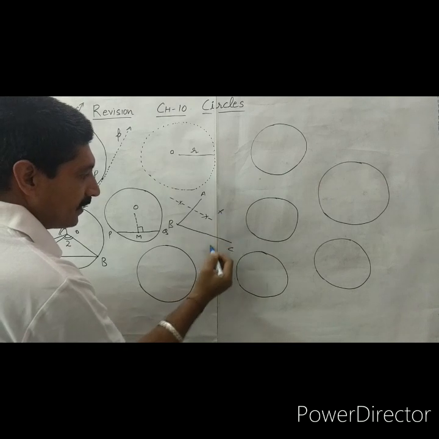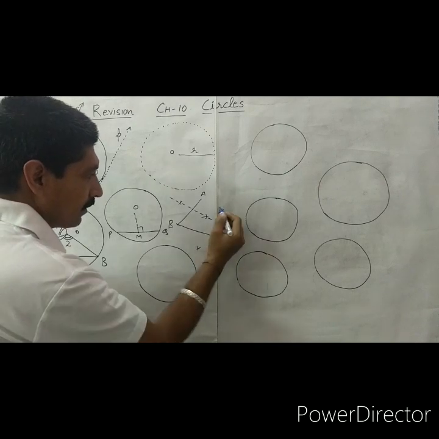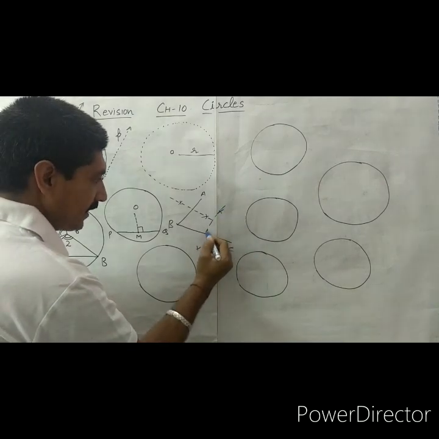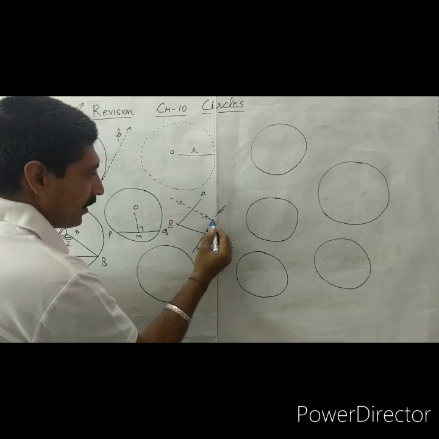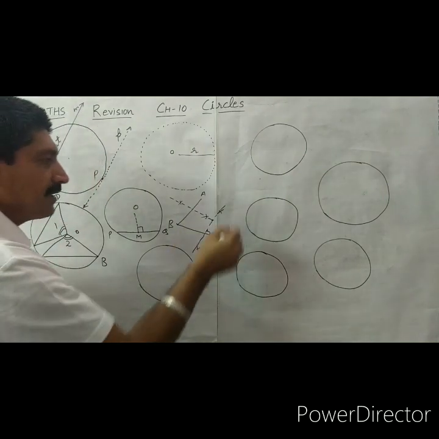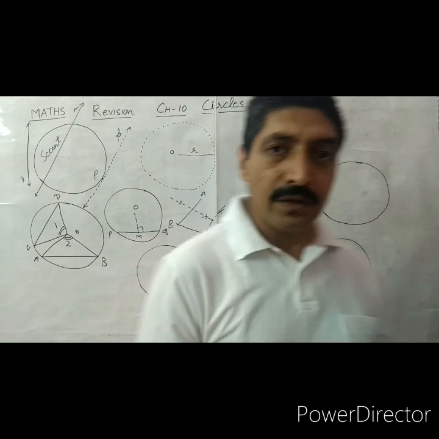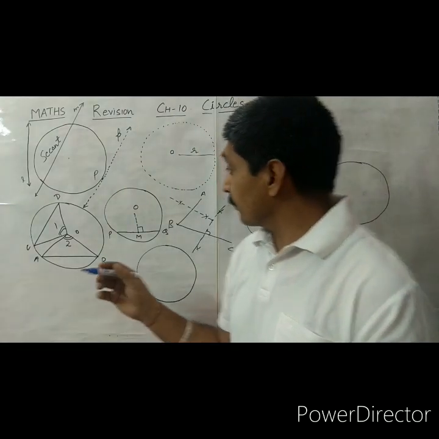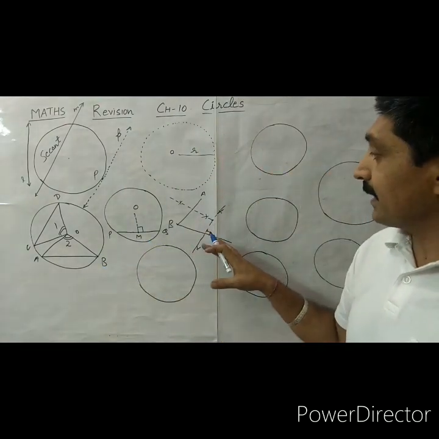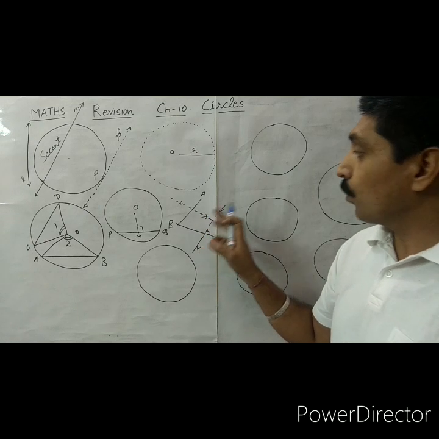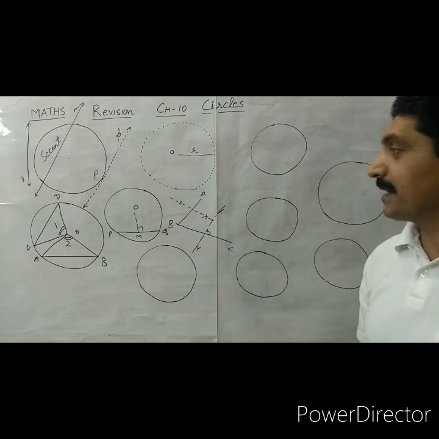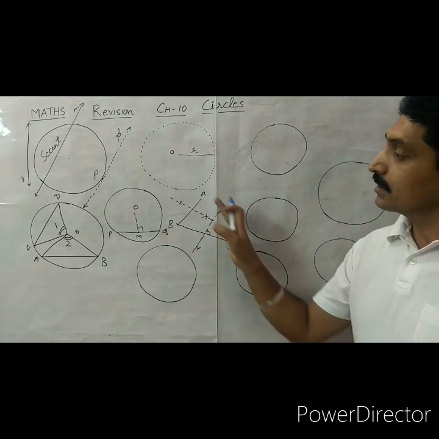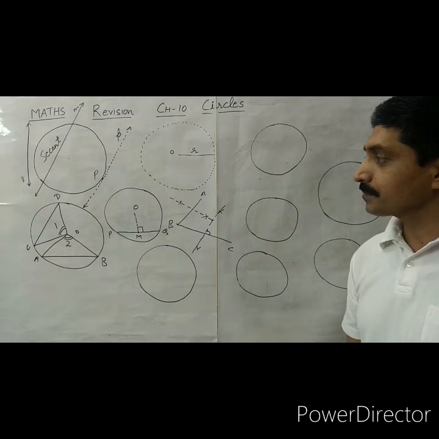This point is the center of the circle. So we have studied in detail that there is one and only one circle which passes through three non-collinear points.